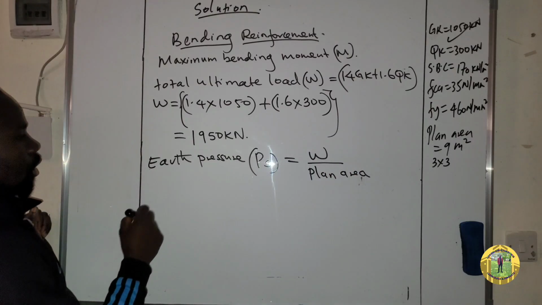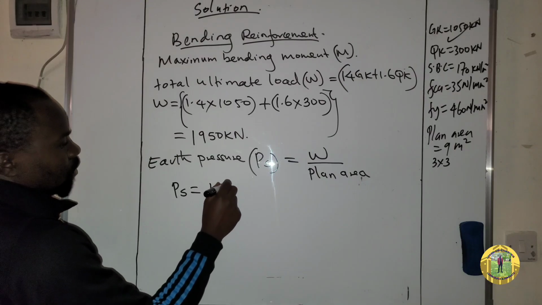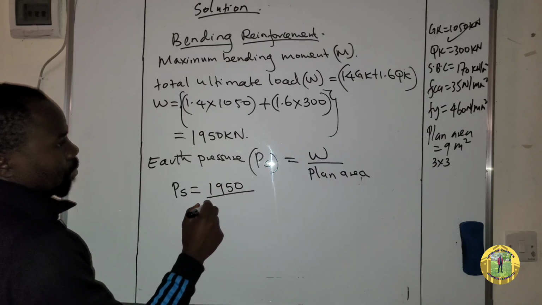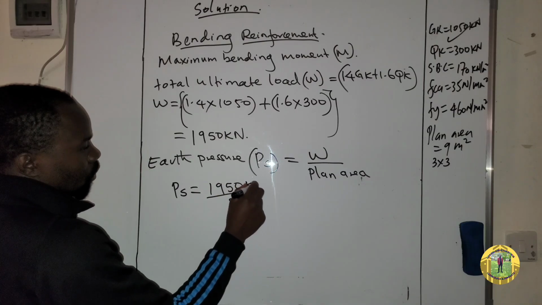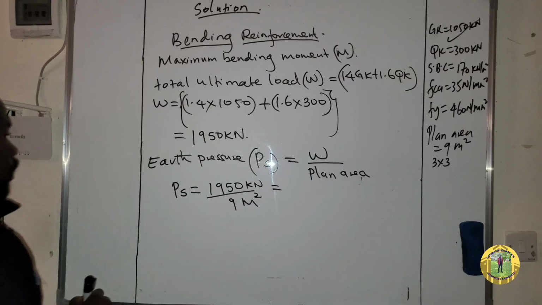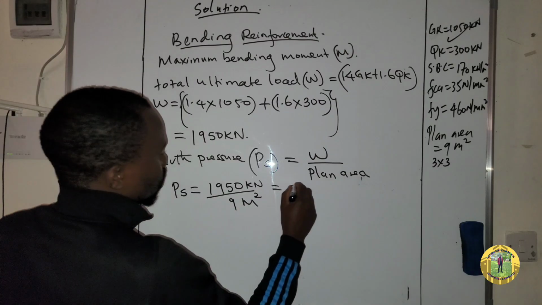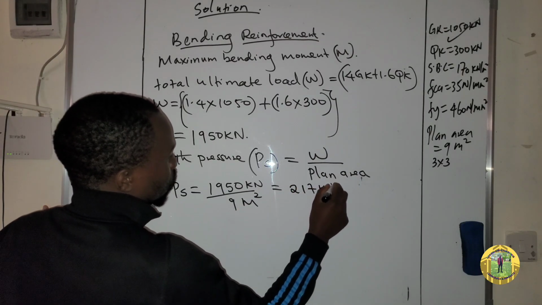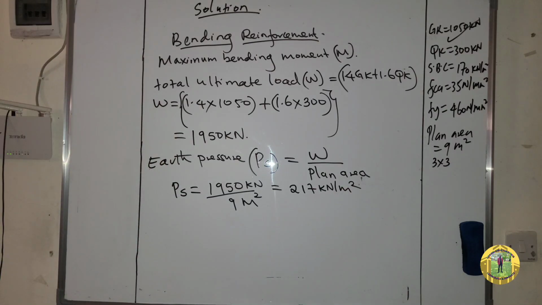So PS is equal to 1950 over plan area, which is 9. So this is in kilonewton and this is in meter square. So the answer is equal to 217 kilonewton per meter square. So this is the pressure on the ground.